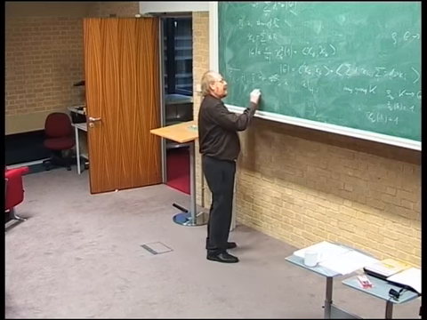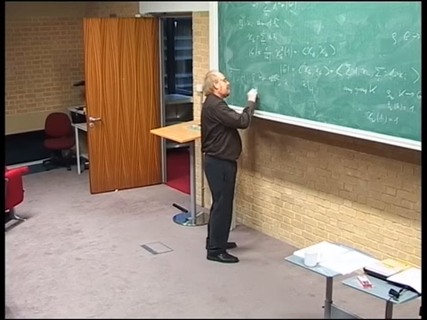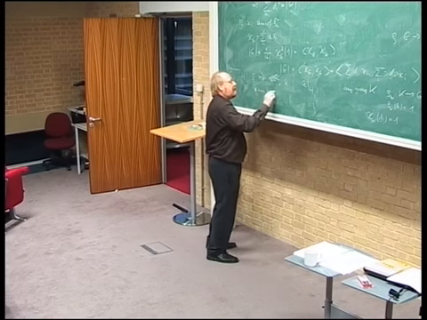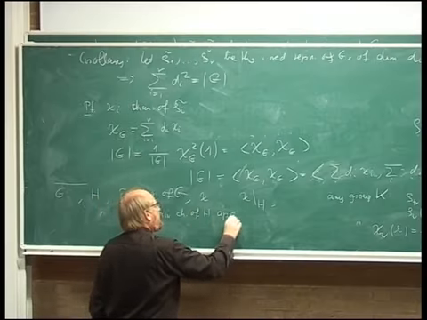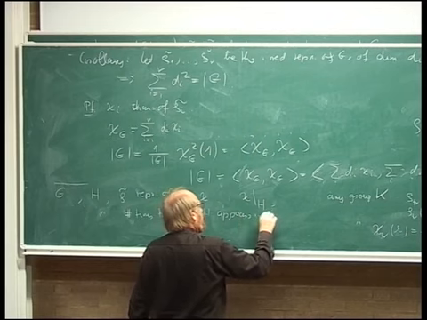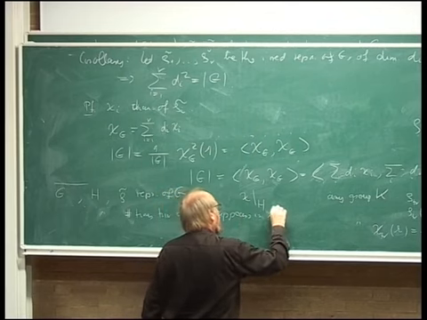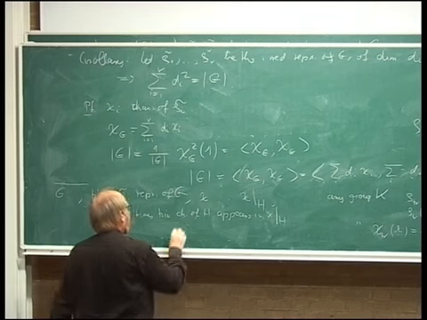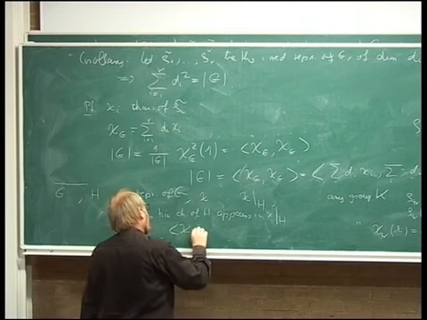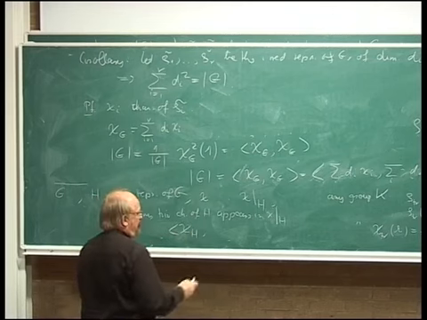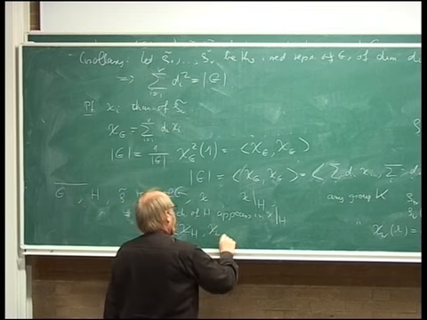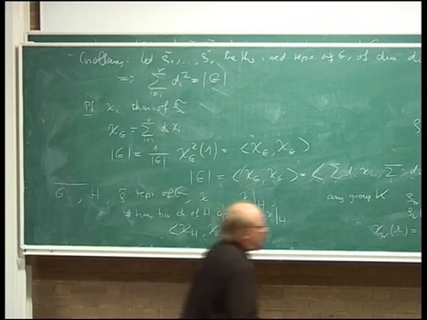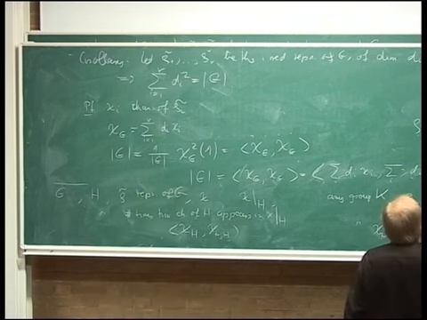So I ask for the number of times the trivial character of H appears in chi restricted to H. Of course, this is chi restricted to H, scalar product with the trivial character of H. Let me write it H here, so I should denote the group somewhere.